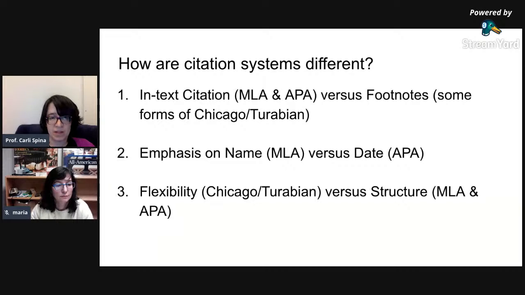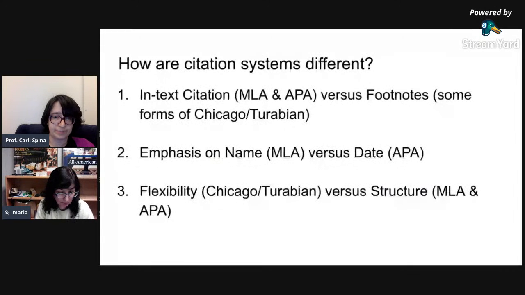That flexibility is part of what's built into this system. Chicago Turabian allows you to have different approaches all within the same system. This is in contrast to MLA and APA, which are more strictly structured and really have at their core a somewhat inflexible structure that they're going to put in place and ask everyone to follow no matter how they're using the system.